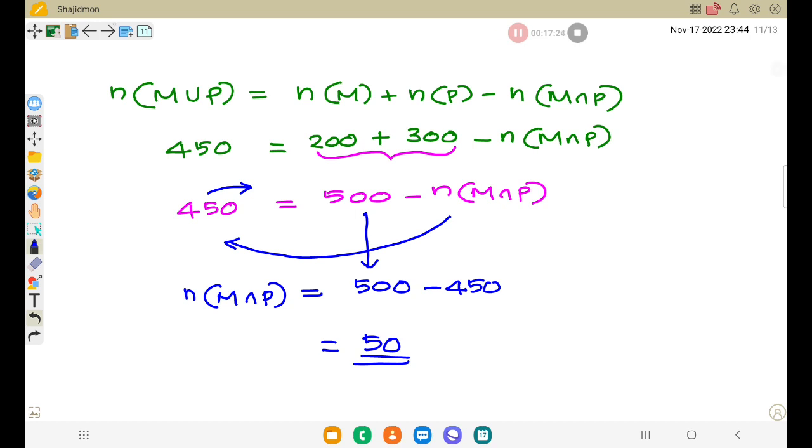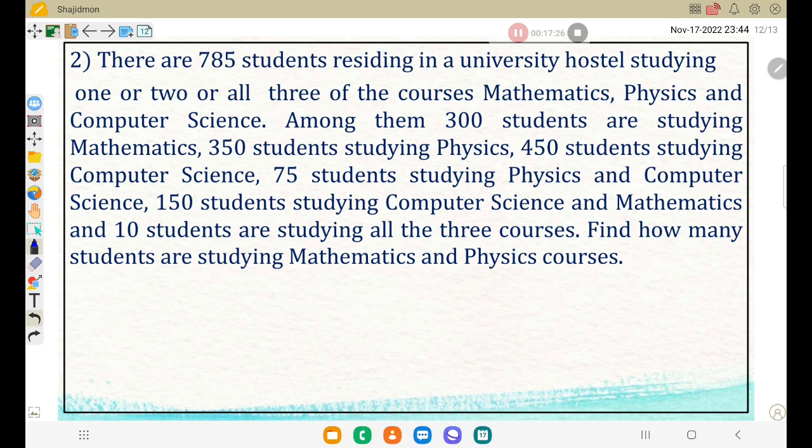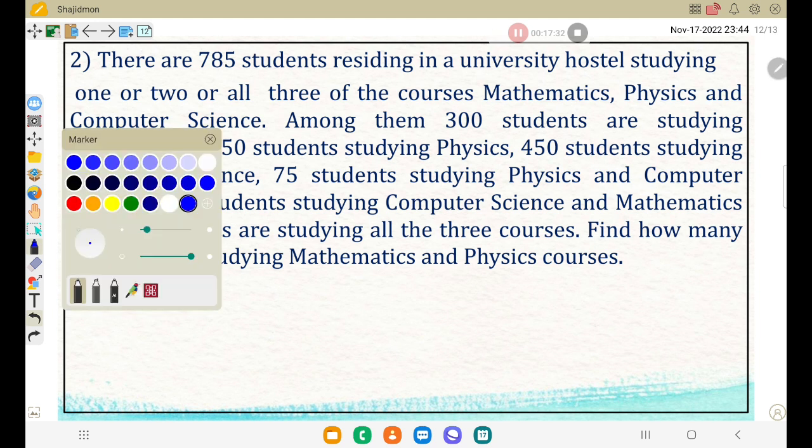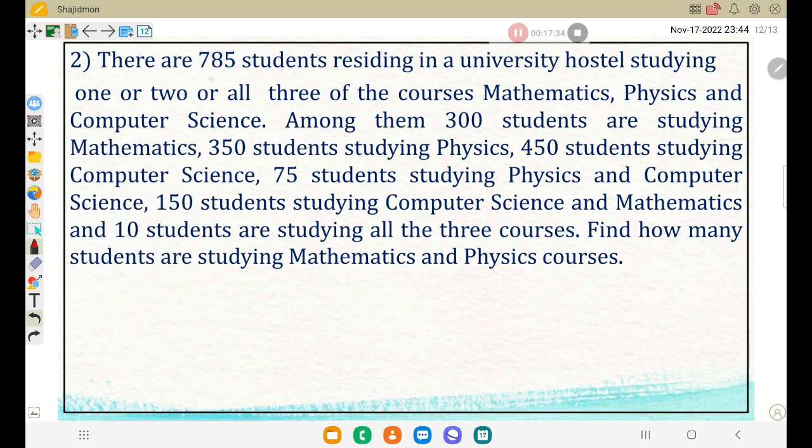Hope you understood. Okay, now let me go to the next question. There are too many words, so you can read them. The question: there are 785 students residing in a university hostel, studying one or two or all three courses: mathematics, physics, and computer science.